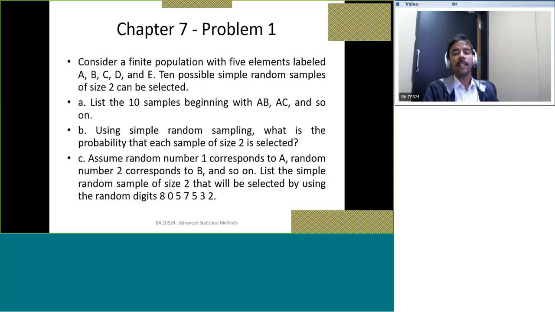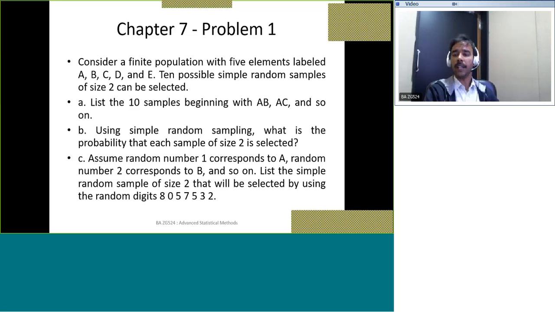So 1 is for A, 2 is for B, 3 is for C, 4 is for D, and 5 is for E. Now I want to draw a sample of size 2, and I want to use these random numbers.